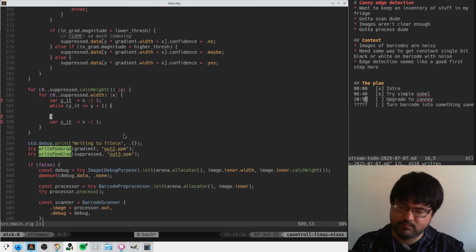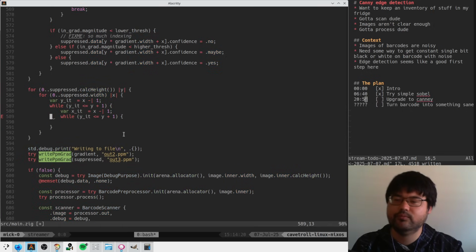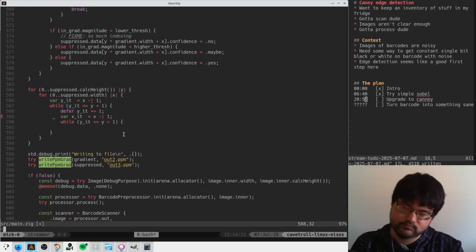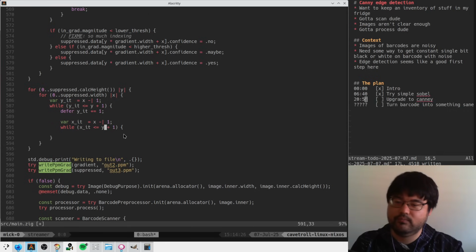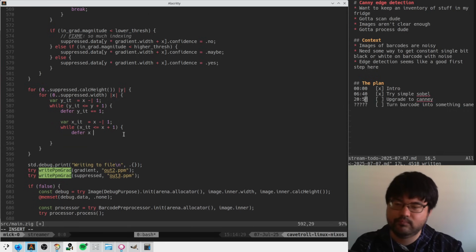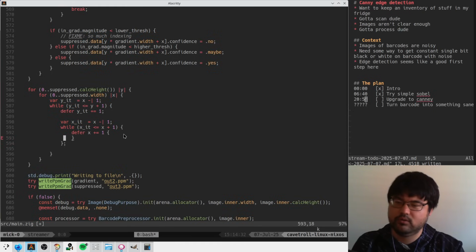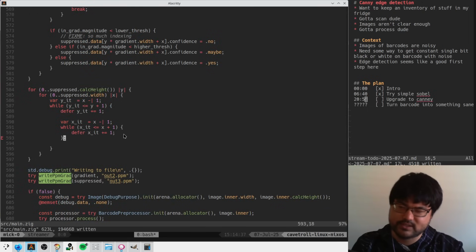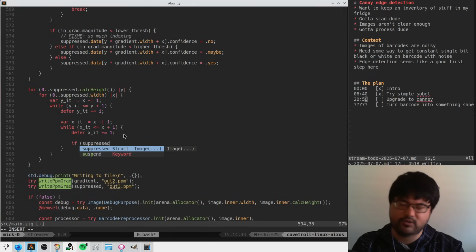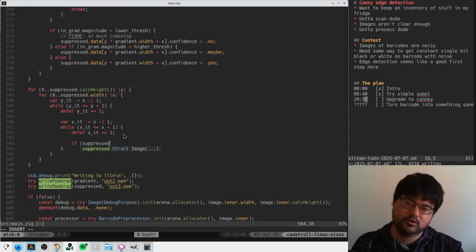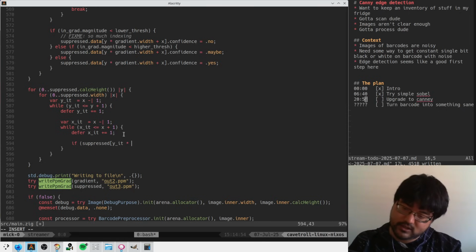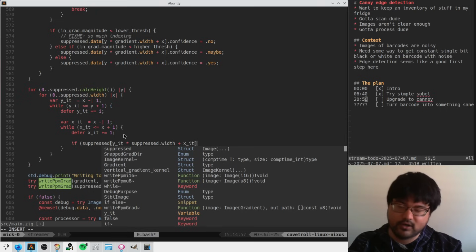I don't really know what's happening, but we'll figure it out. Okay, I don't know, man. So we loop through everything around us. And if suppressed, yeah, this is suppressed at y times suppressed width plus x iterator.